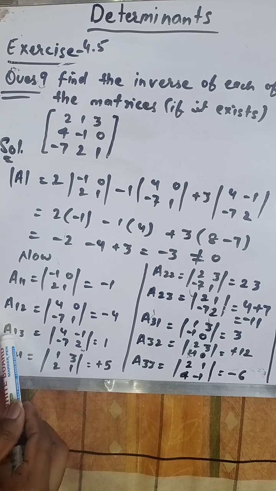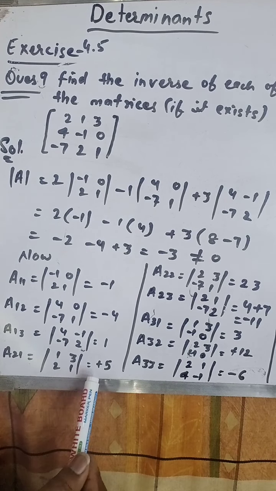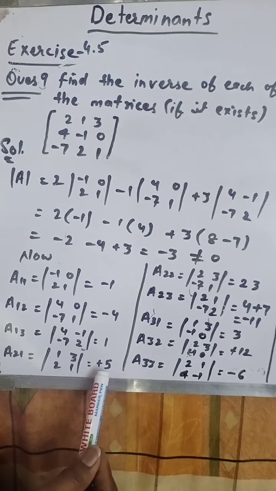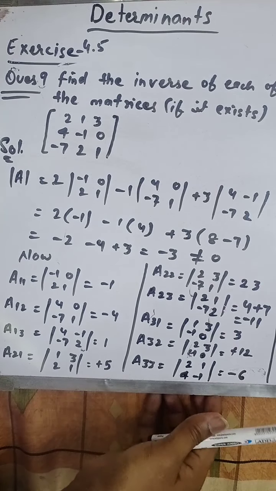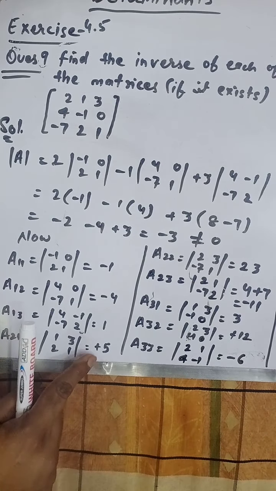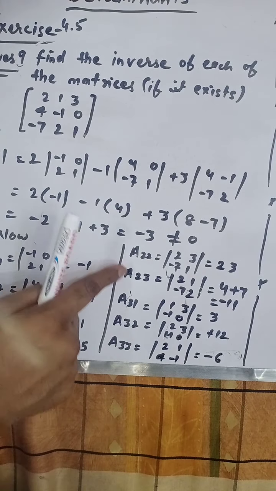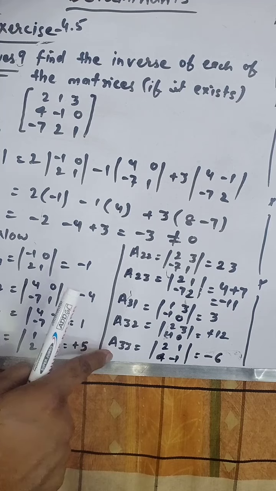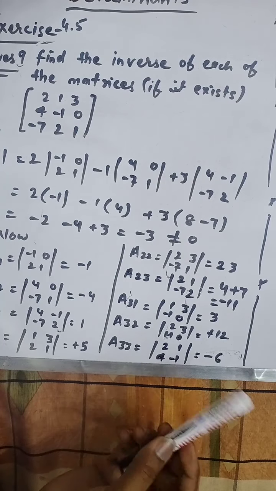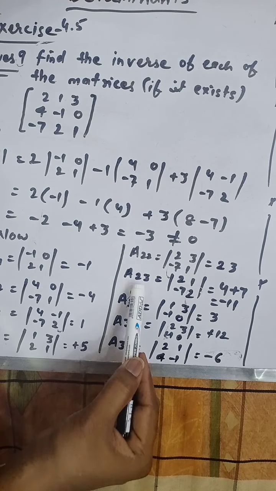Similarly A13, then A21, the sign will change. Here -5 will come, but the sign is positive because you have to change the sign as it is an odd position. Similarly you can find A22, A23, A31, A32 and A33, and you have to change the sign of the appropriate elements.